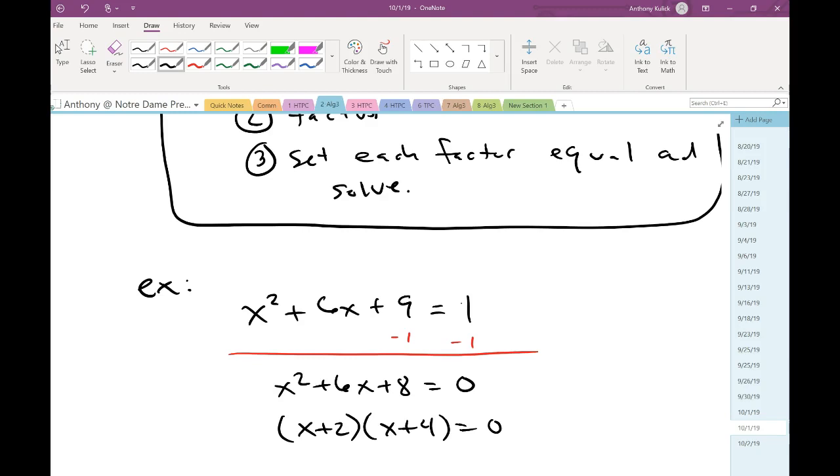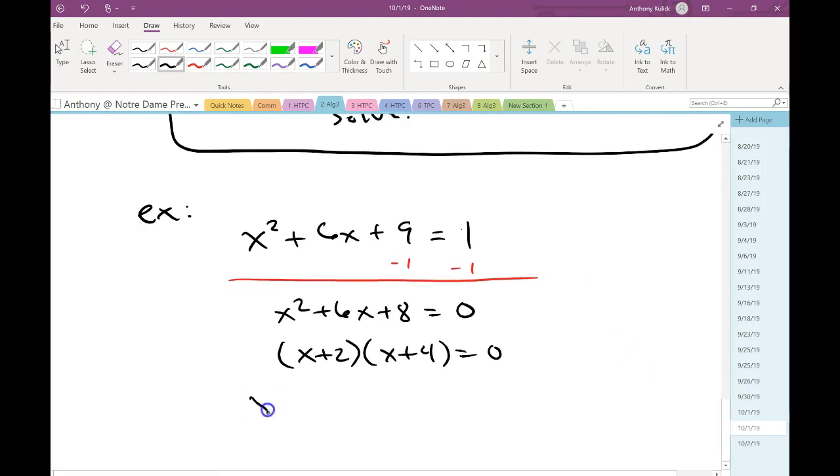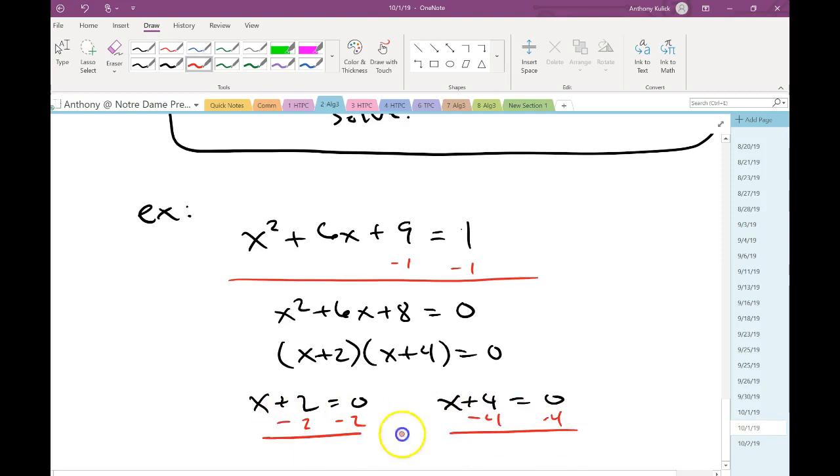So we factored. My last step now is to take each of these two factors and set them equal to 0 and solve them. So my answers are -2 and -4.